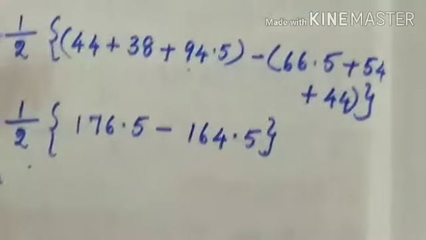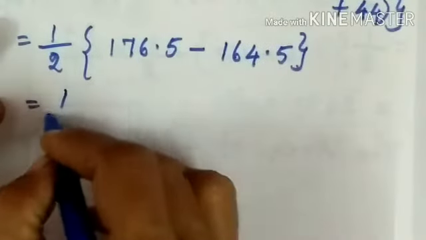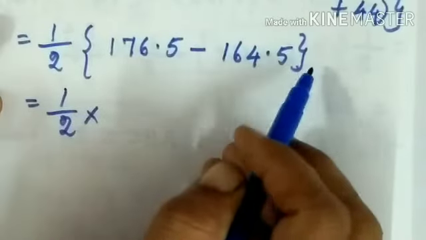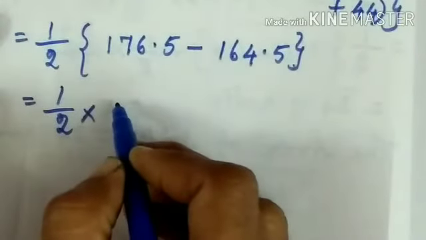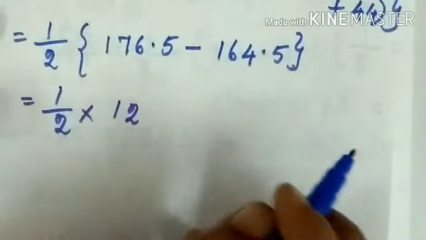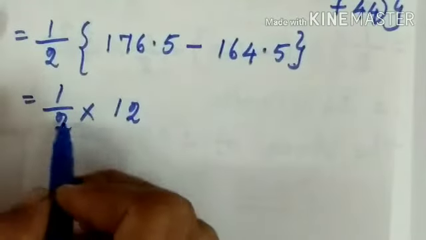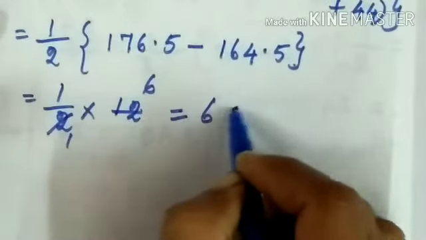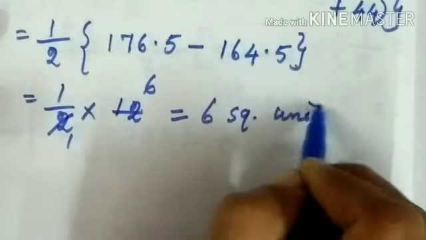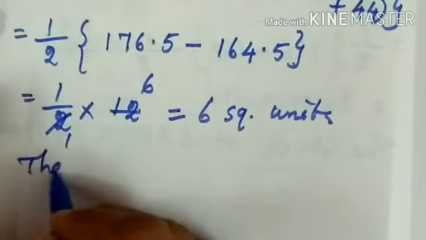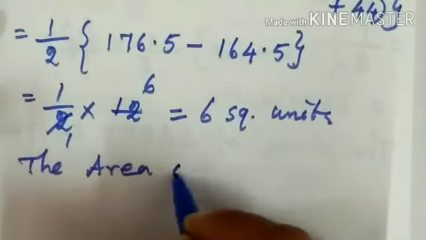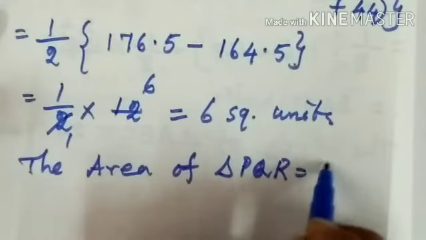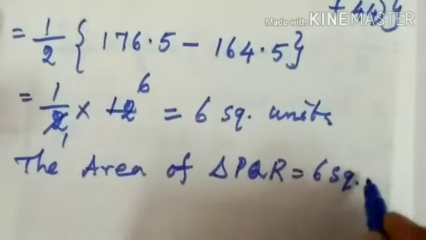Then half into 176.5 minus 164.5, we get 12. Now cancelling this by 2, 2 1s are 2, 2 6s are 12. Then the answer is 6 square units. That is, the area of triangle PQR is equal to 6 square units.